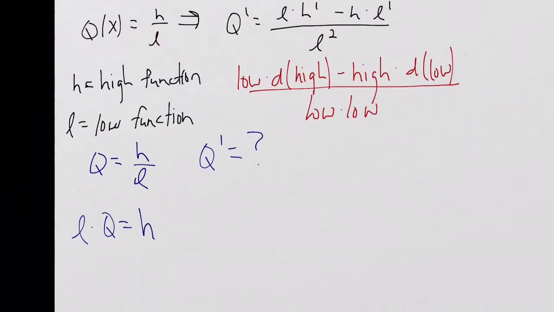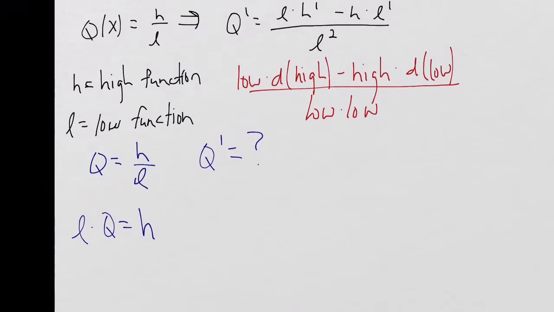What I can do is, when I have it in this form, find the derivative of this equation, and then I'm going to get a Q prime in there, because at some point I'm going to derive this, and I'm going to solve for that, and that's going to give me what Q prime is. So to do this, I do the derivative of the first. I'm going to do product rule on this side.